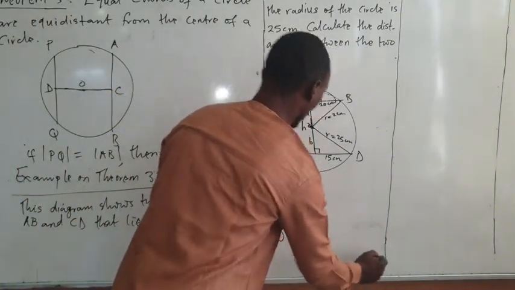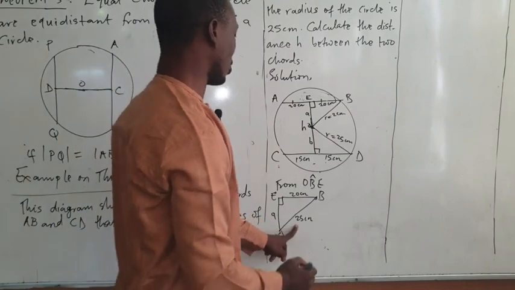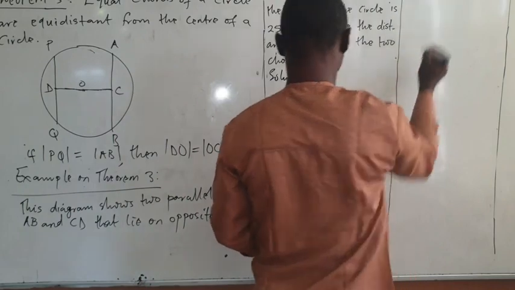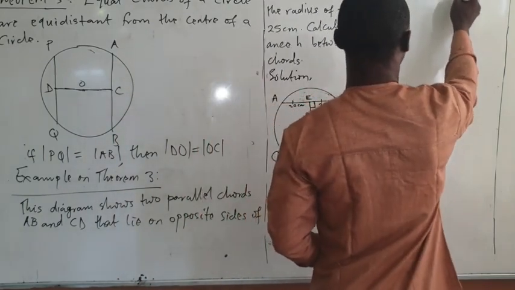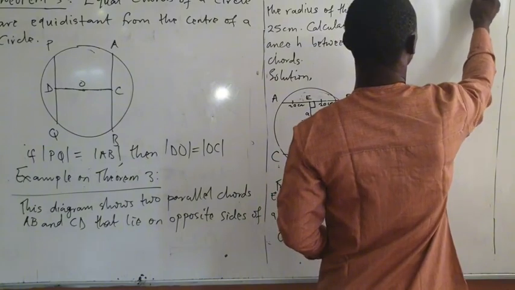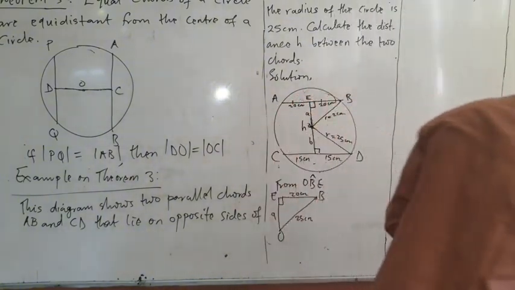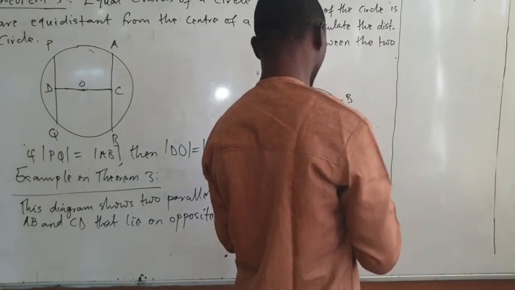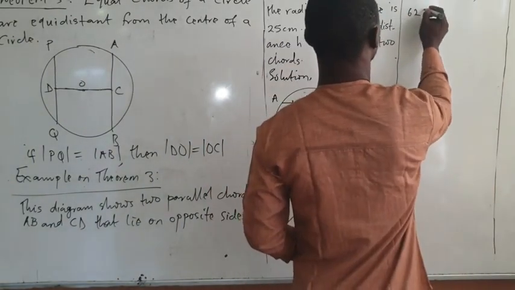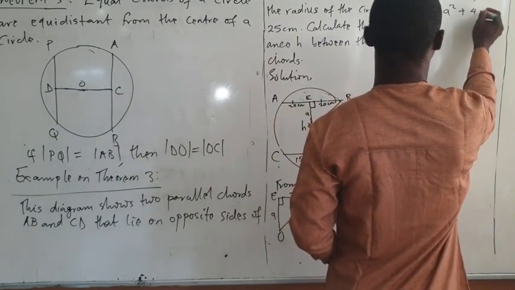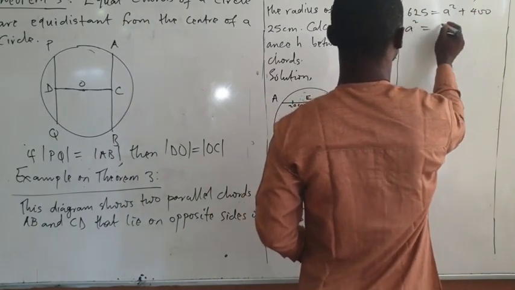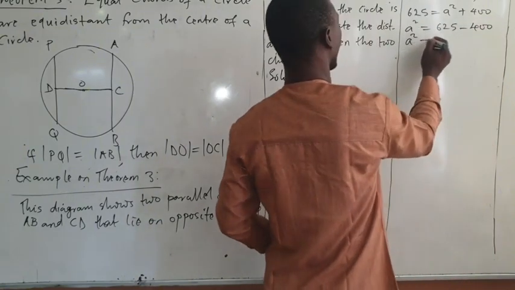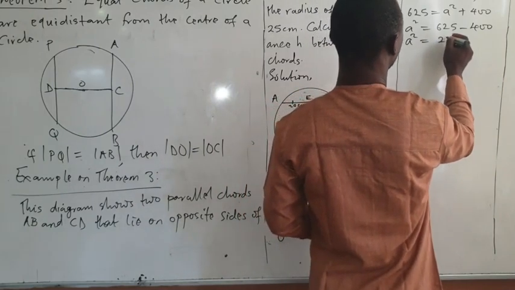So by Pythagoras theorem, we now have hypotenuse squared, 25 squared, equal to adjacent squared, that's small a squared, plus 20 squared. 25 squared is 625, equals a squared plus 400. So a squared equals 625 minus 400, so a squared equals 225.